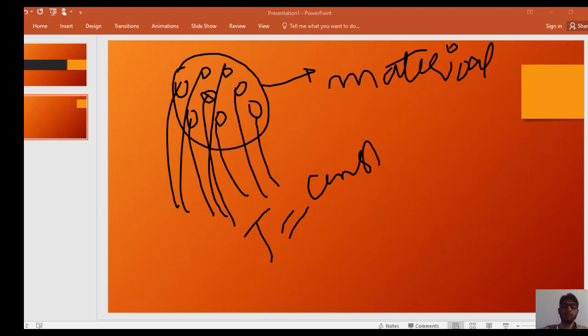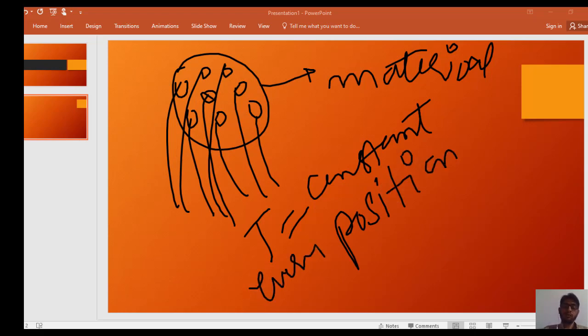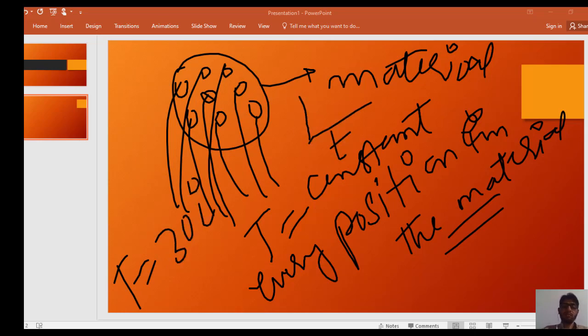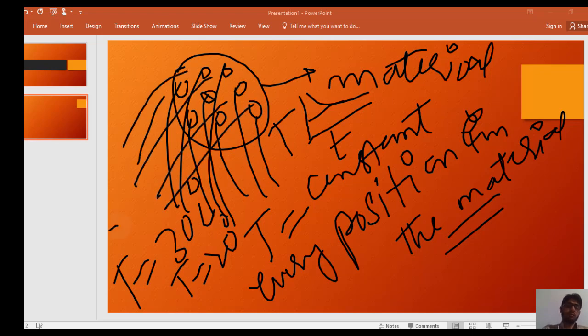Suppose this is a material, copper, lead or some other material. The temperature is constant at every position in the material, but the temperature changes with time. Suppose the temperature is constant at 30 degrees, and after 10 minutes the temperature decreased to 20 degrees. So after 10 minutes the temperature at every point in the material is 20.